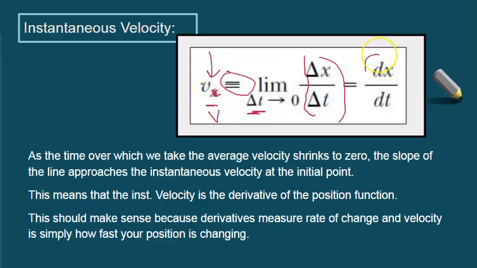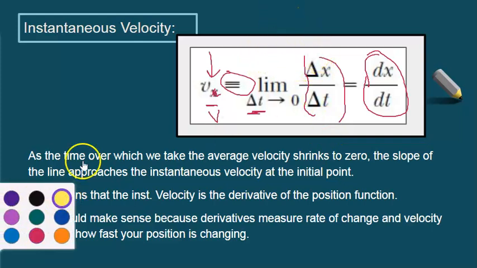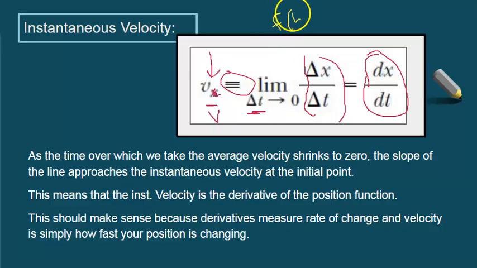All right. And then you will learn later on, or you already know, that that is the derivative of the position function, right? Because what is the derivative? It is f of b minus f of a, that's x2 minus x1, over b minus a, that's delta t, in the limit that b minus a goes to 0.